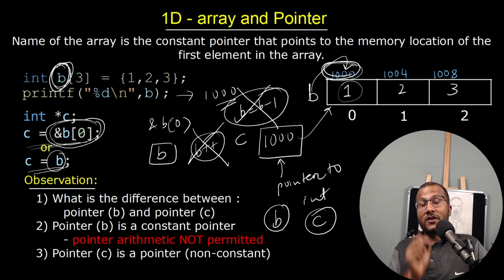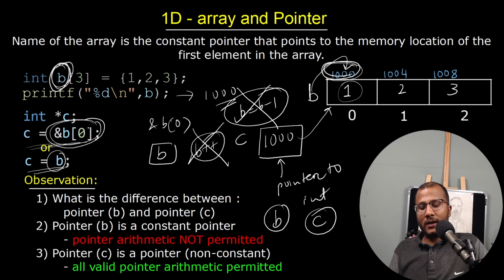But C is not a constant pointer. We have created this pointer. This is a normal pointer. This is a non-constant pointer. So in this case, we could very well do C++, it is allowed, right? C++ is a programming language as well. It's a very interesting, very nice programming language, the advanced version of C, wherein you have the concept of object-oriented programming.